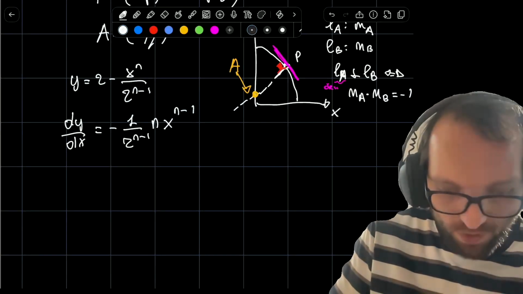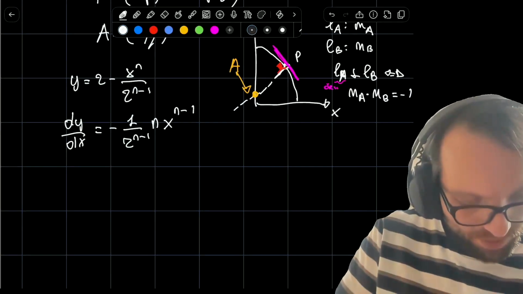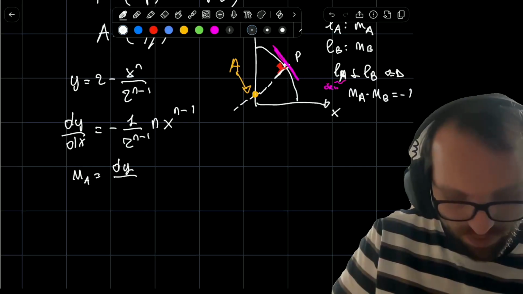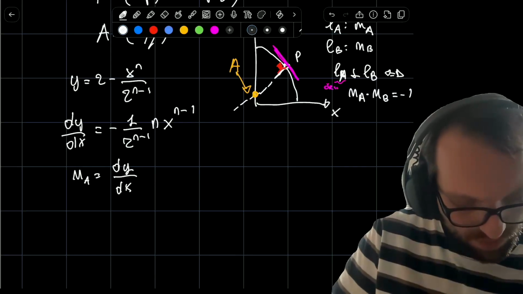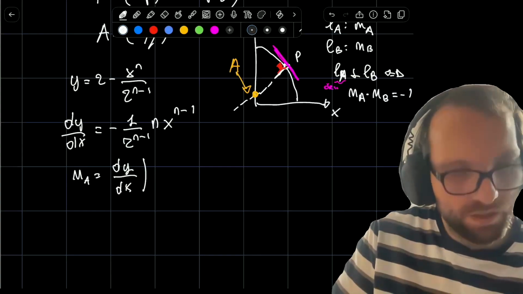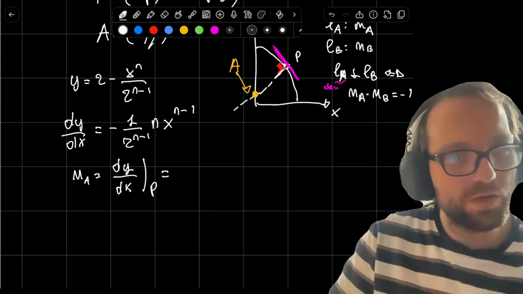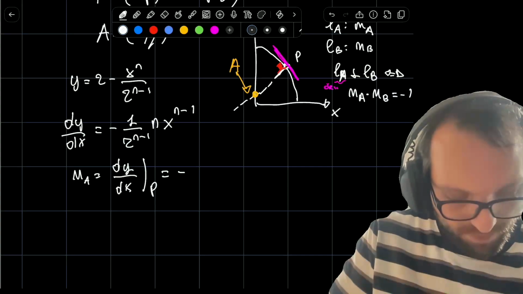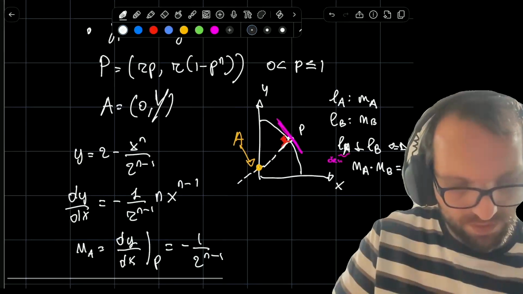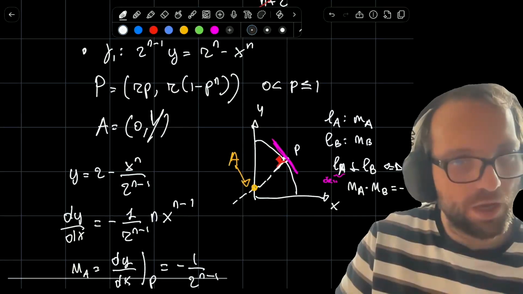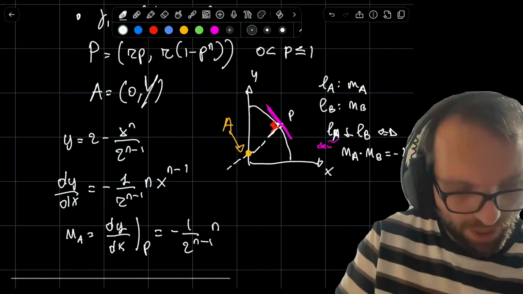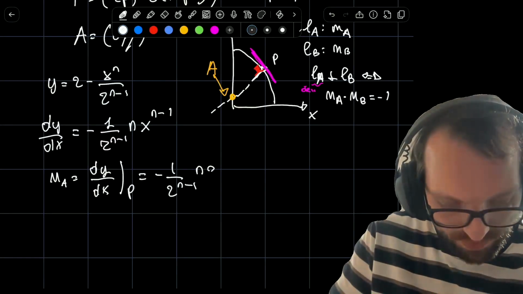And to get the slope, which is my MA, I'm going to evaluate the derivative at the point P. So I'm going to simply substitute x with rp.